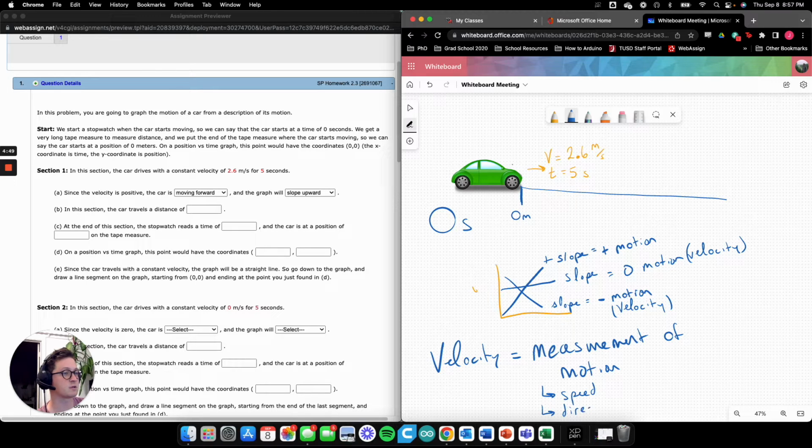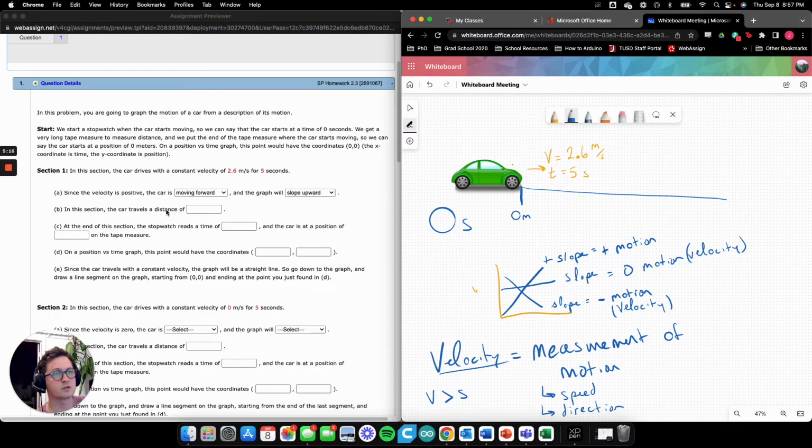It tells you if it's going forward or backwards. So that's why it's the measurement of motion in its entirety. That's why velocity is better than speed, because speed just tells you how fast something's going, but it doesn't tell you if it's going forward, backwards, left, right. But velocity does tell you that.